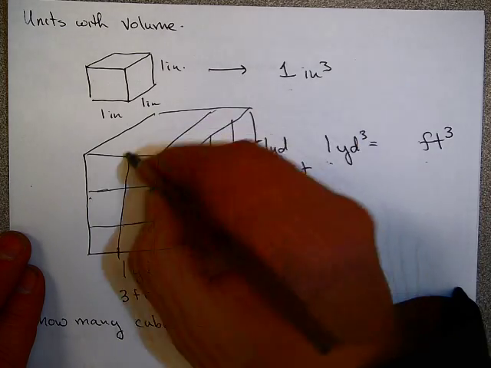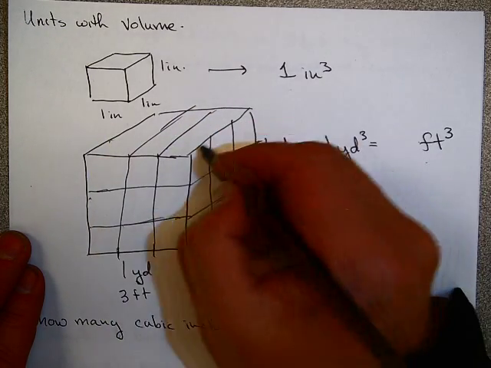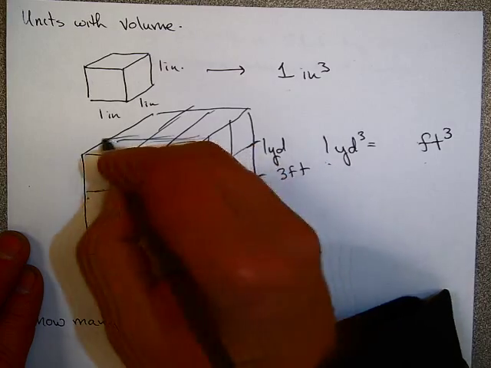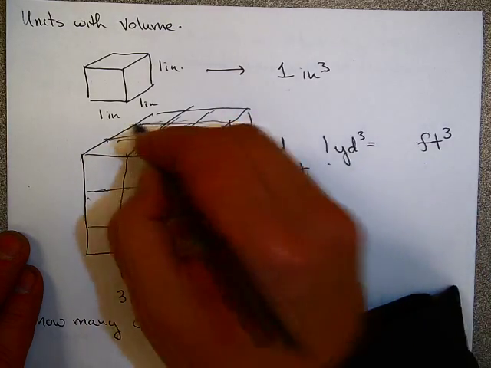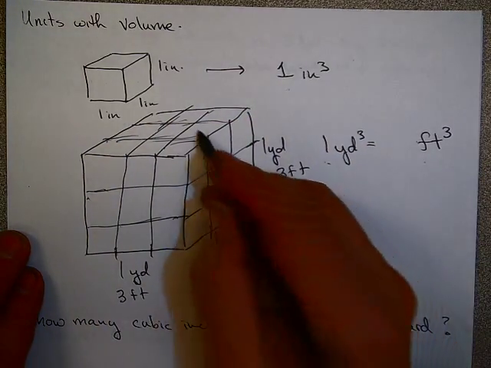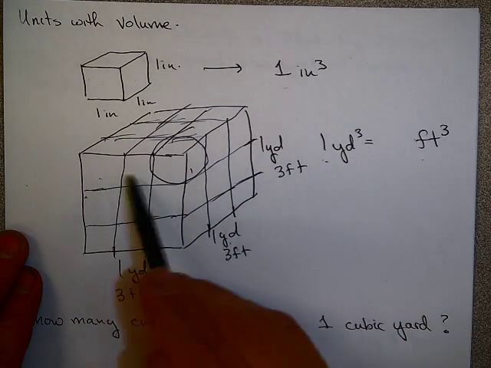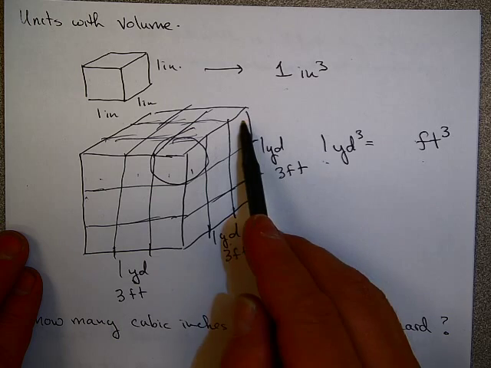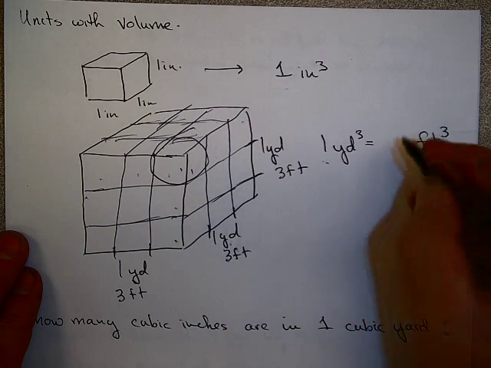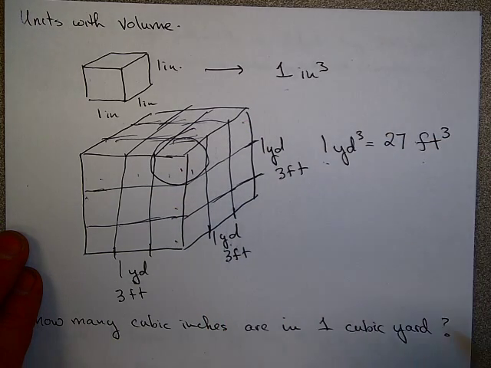I draw all of it in here. Now, how many cubic feet, there's a cubic foot right there, are in here? You'll notice there's 9 in each row, and there's 3 rows, so there's 27 cubic feet.